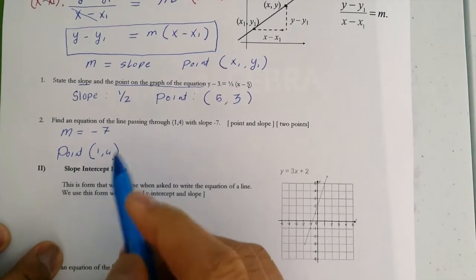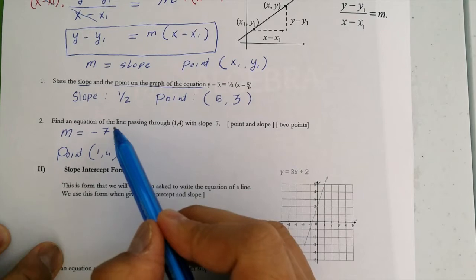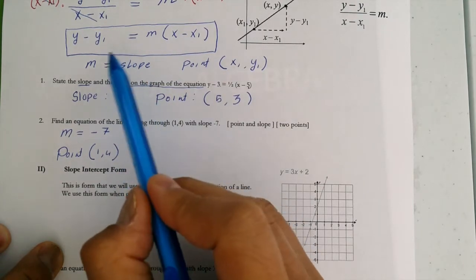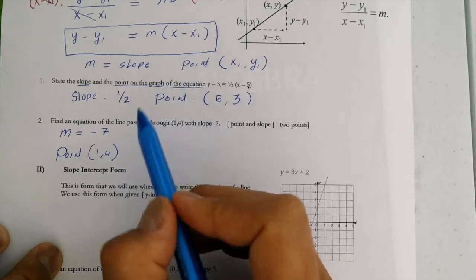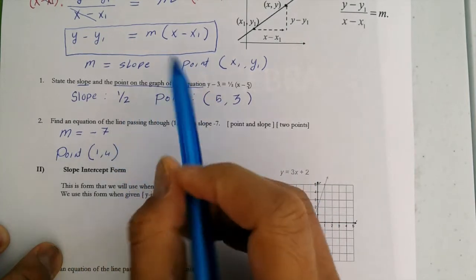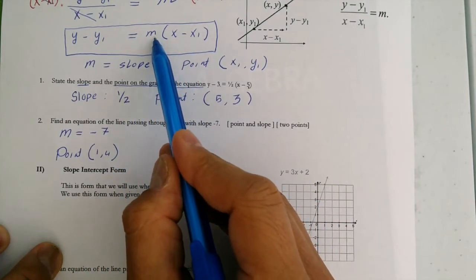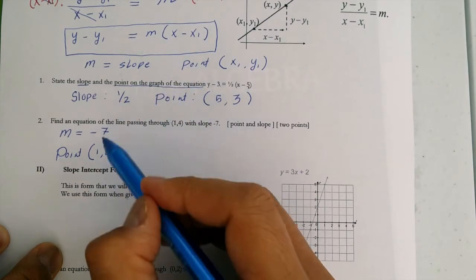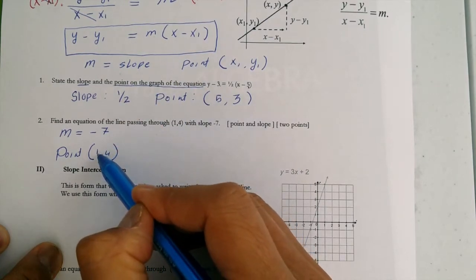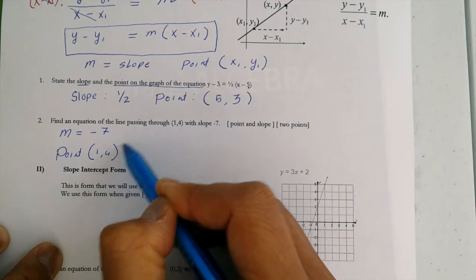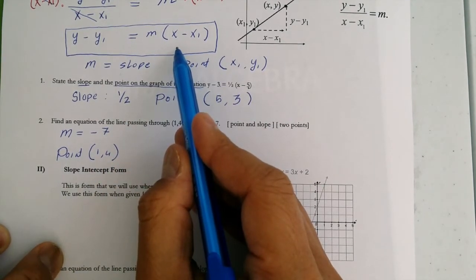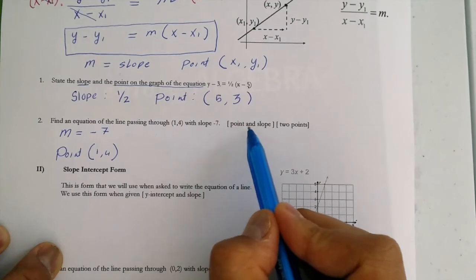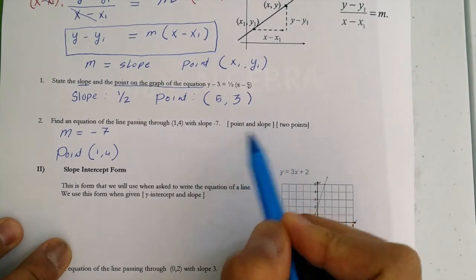The next thing we do is actually pretty simple. We take these two pieces of information and plug them into the appropriate letters, and we're done. So -7 goes in the place of m. This is your x1. That's your y1. We call this the point-slope form.